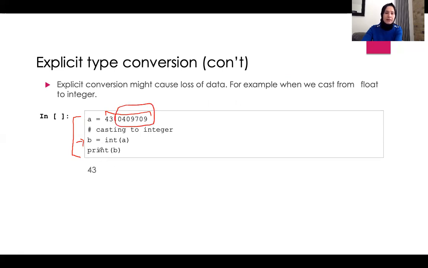When we run this piece of code, it prints 43. Therefore, we lost the decimal part of this value. So explicit conversion might cause loss of data.